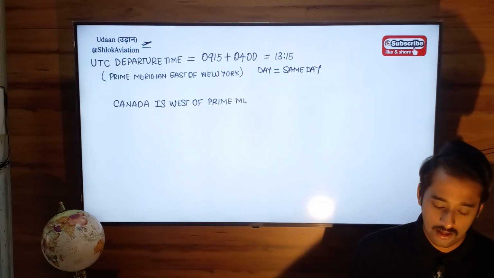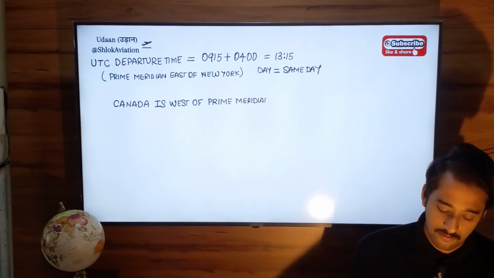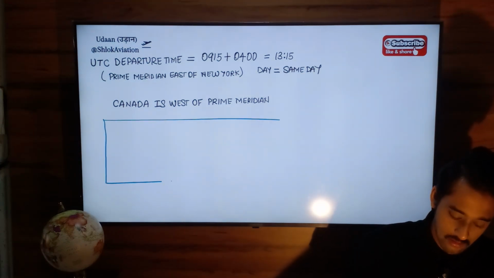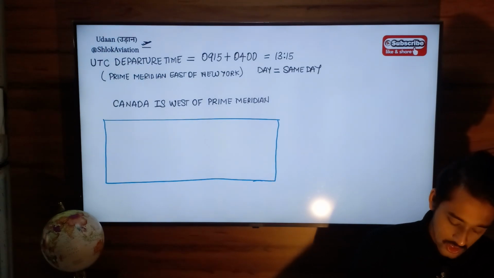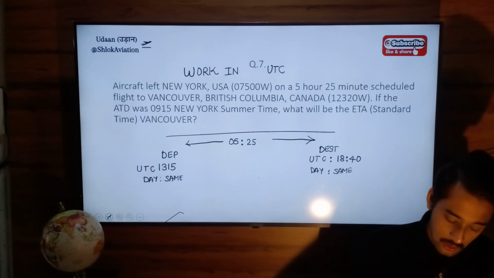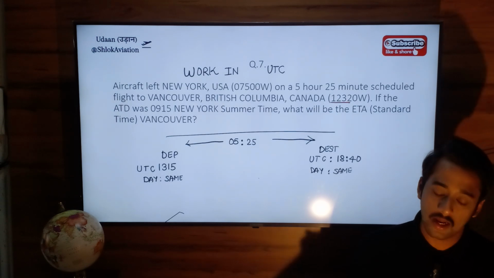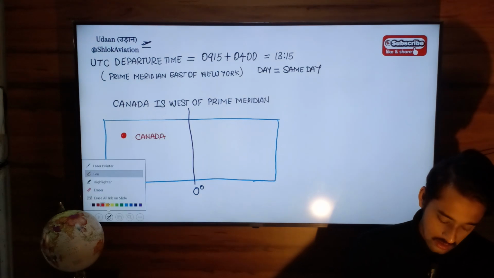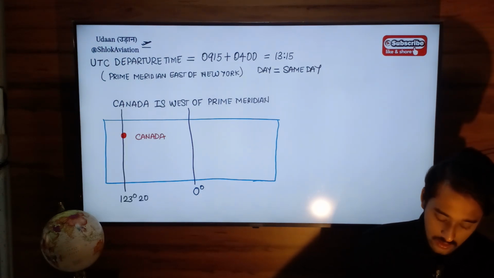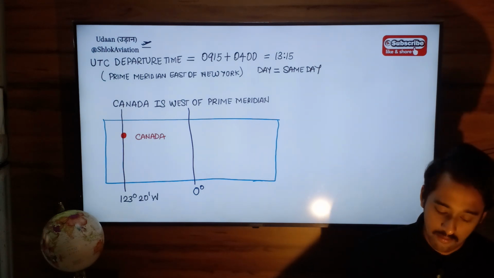You all must be familiar with the world map. If this is your 0 degree longitude, Canada will be to the west of it somewhere over here. Okay, Vancouver, Canada. The longitude passing through Canada is 123 degree 20 minutes west.